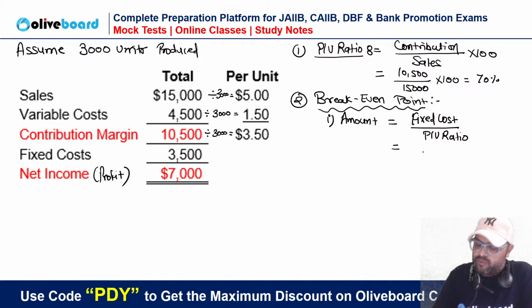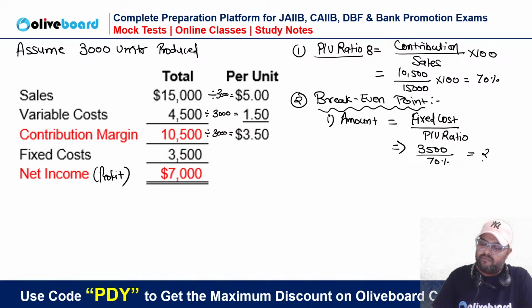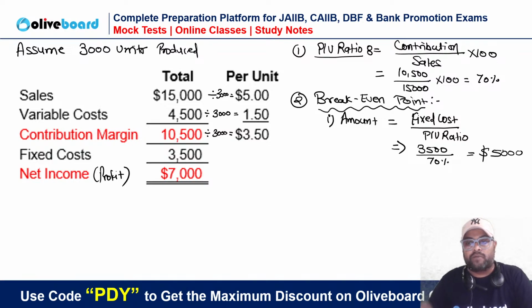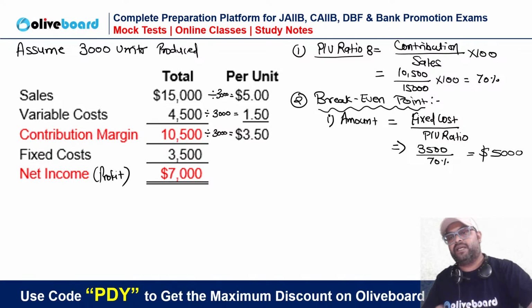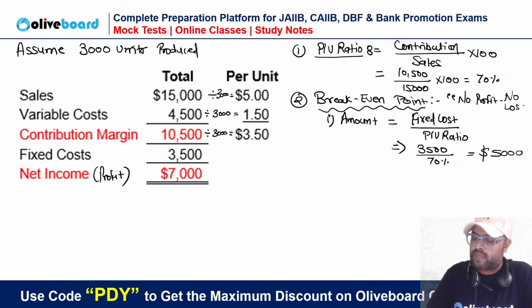Fixed cost was 3,500 rupees and your PV ratio is 70%, so 3,500 divided by 70%. That means when you make sales of $5,000, your business will be in a no profit, no loss situation. Break even means no profit, no loss in the business.